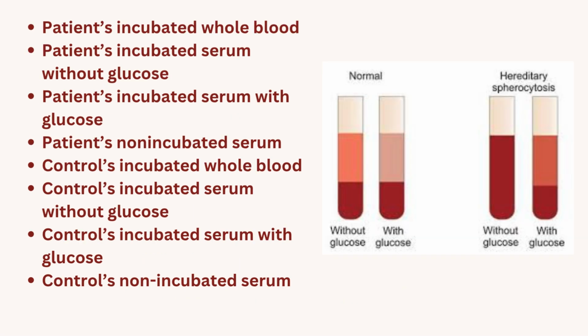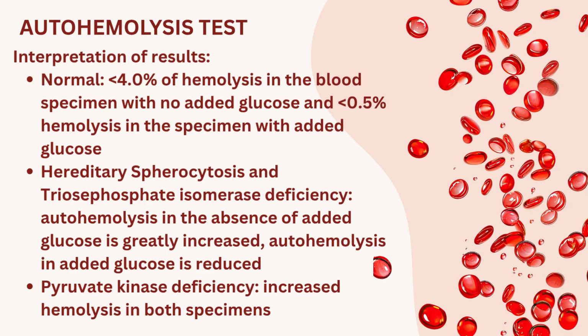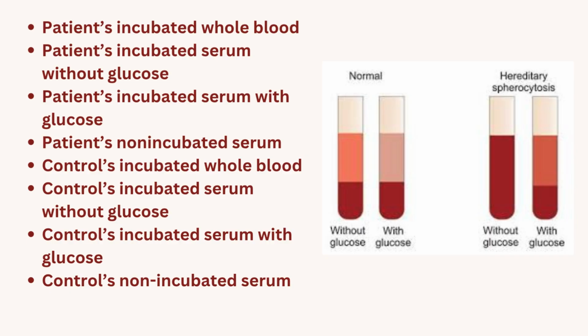So if you recall this picture, so again, without glucose, for normal, the hemolysis is less than 4% with no added glucose and less than 0.5% hemolysis with added glucose.